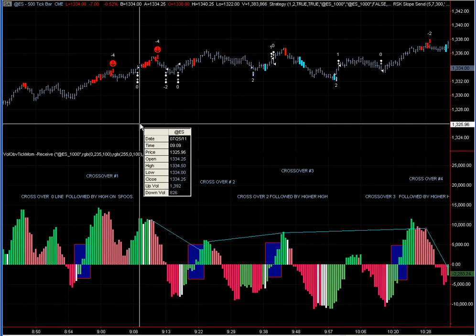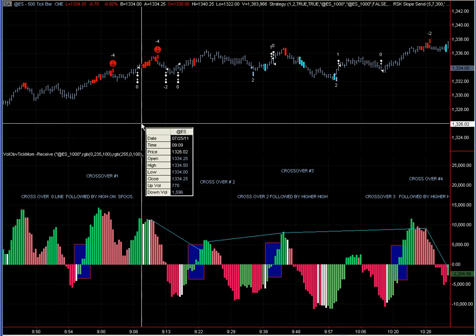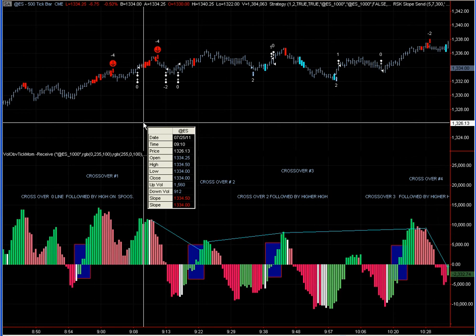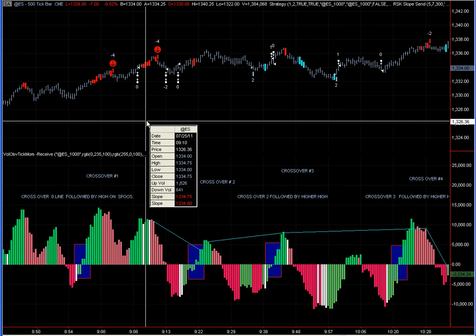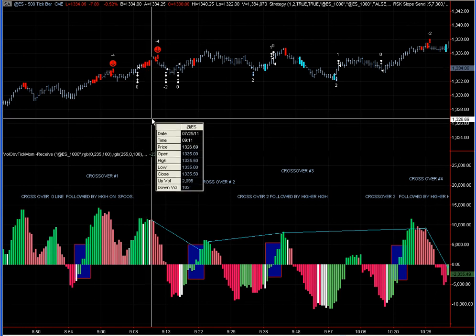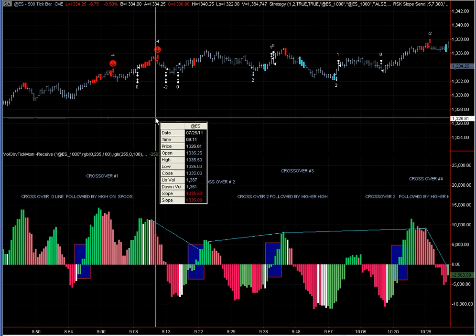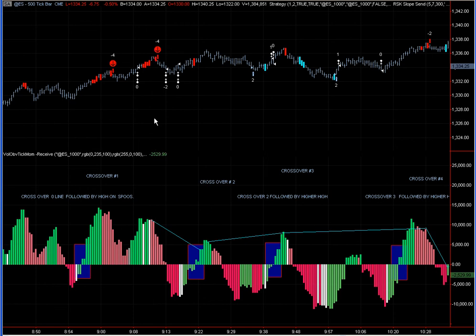Again, spoos move higher, we're recording the volume. If the spoos move higher still, but the volume begins to drop off, and other conditions are true, we'll get a short trade. Very simple way to look at volume.